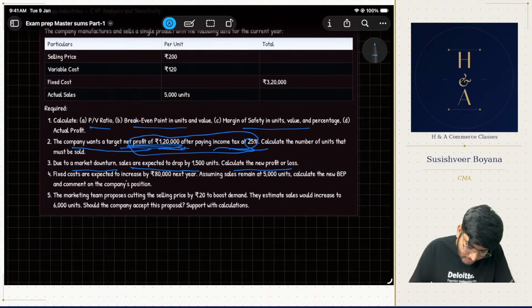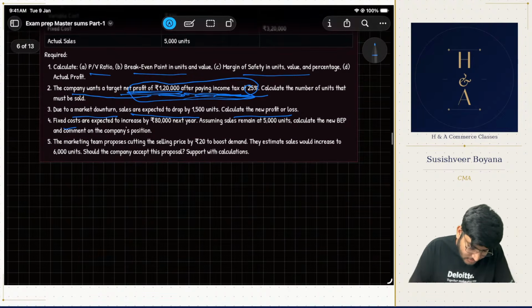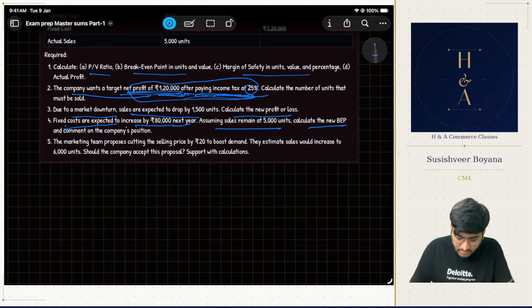Net profit after paying income tax, so before tax, you should calculate. Fixed costs are expected to increase by 80,000. Great. Assuming sales remain the same. Calculate new BEP. Fixed cost itself is changing. So fixed cost by PV ratio gives you the new BEP. So old fixed cost plus 80,000 is going to give you the new BEP, right?